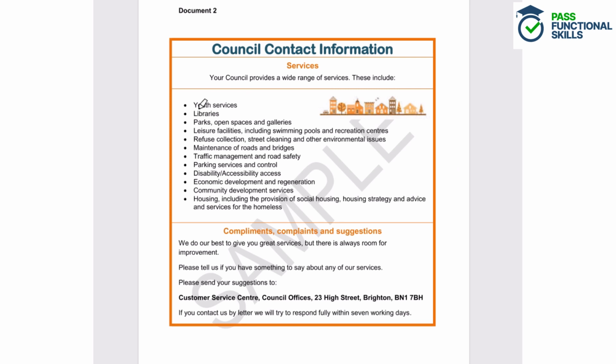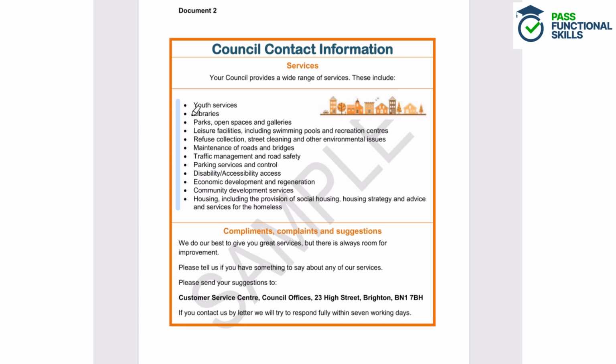So we've been given loads of different things that we could talk about in our answer, and we definitely don't have to talk about all of these different things. That would be far too much detail. We wouldn't be able to do that within the time limits of the exam. So just pick a few ideas and think about how these could be negative issues.